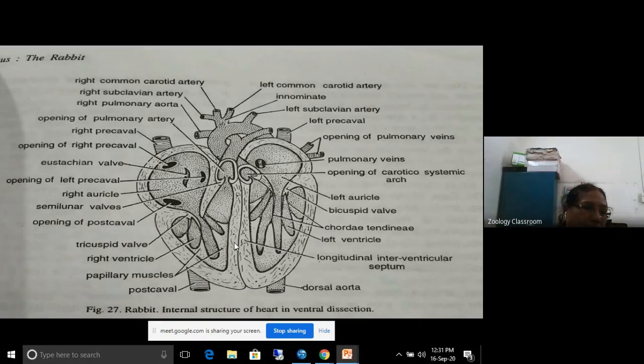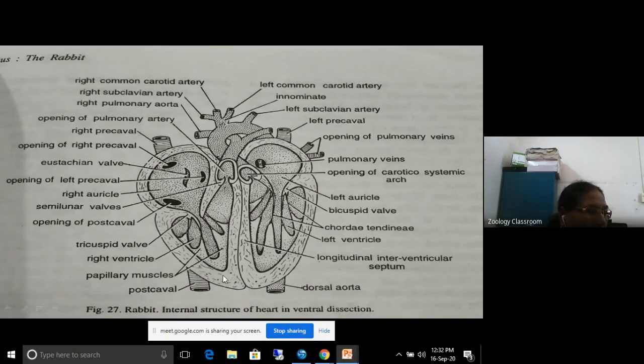Blood collected from the heart is brought to the right auricle by the coronary sinus. The opening of the sinus is guarded by the coronary valve.